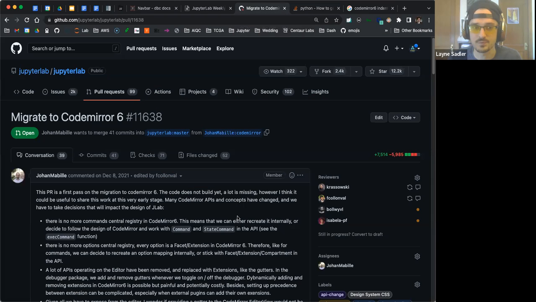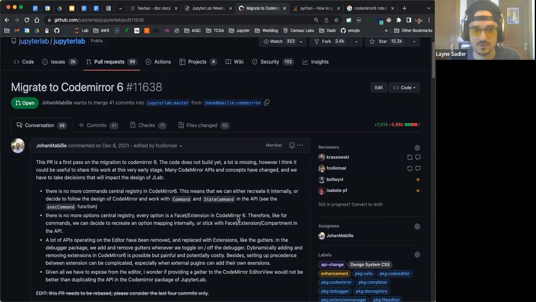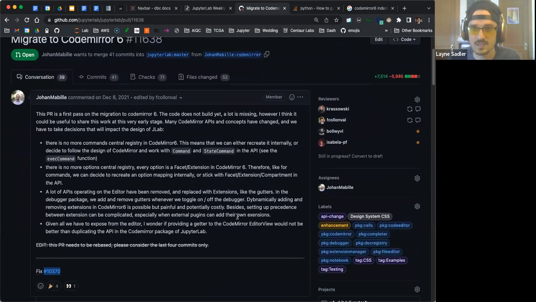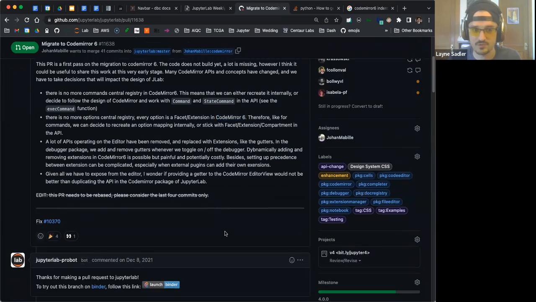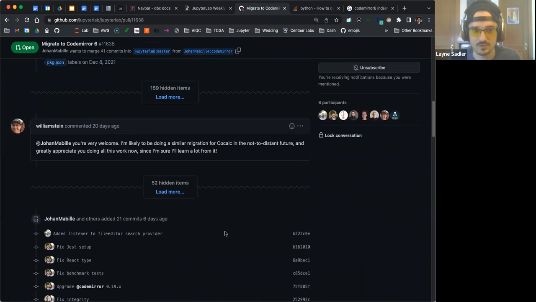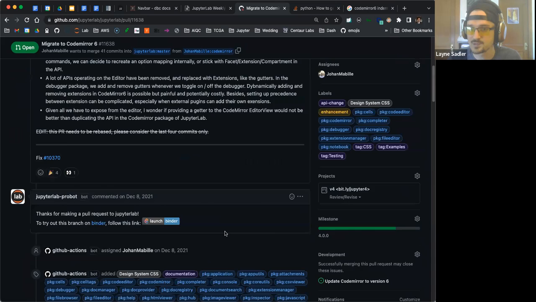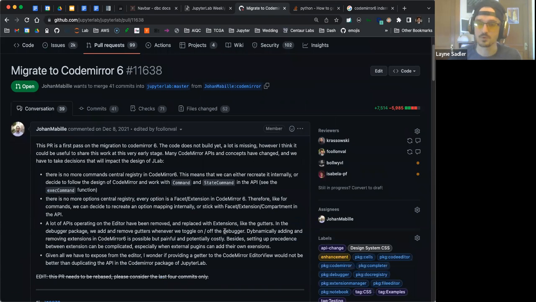So I was wondering if we're taking a look at all this CodeMirror upgrade, has anyone seen anything in relation to indentation lines and guides being present in CodeMirror 6? I saw there were a few people on the PR here. So I guess more of a feature request. I see Frederick's got his hand up.